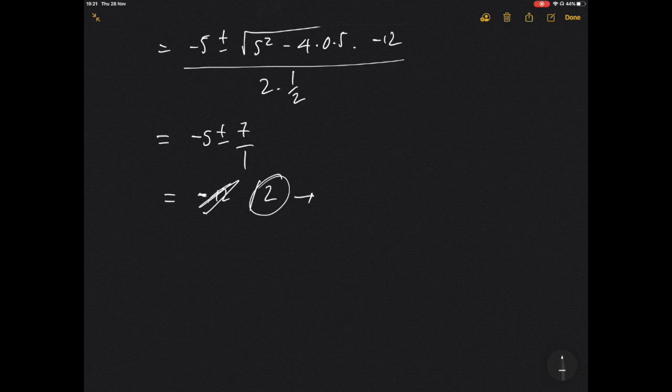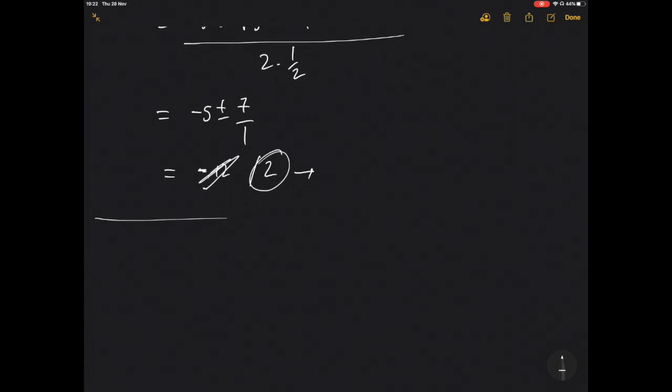It asks us the distance, how far it's travelled. That's quite easy because now we know the time and our original data, so we can say s equals ut plus a half at squared.